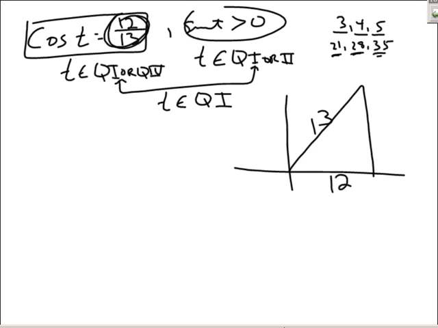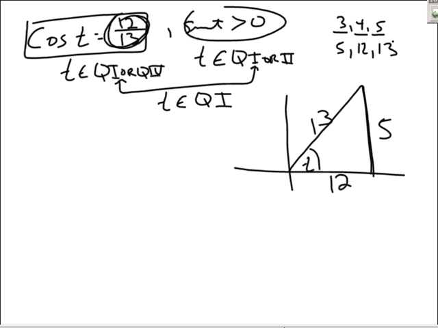No. But when you see 21, 28, 35, you say, you know what? That's like a 3, 4, 5, 7 times. Okay, but you definitely should know 3, 4, 5. You should also know 5, 12, 13. I wrote down the 12 and the 13. This is 5. An angle is called t. And since it's up, it's plus 5.